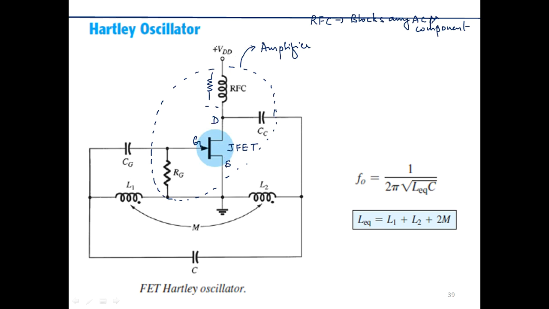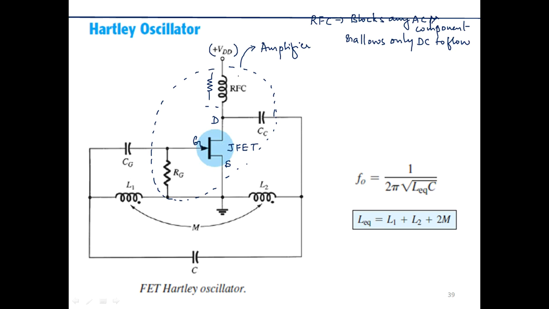at the drain side we are applying drain voltage plus VDD, and it's a pure DC signal. But in case there is any AC component present, then that will be completely blocked by this particular radio frequency choke. So it blocks any AC component and allows only DC to flow.